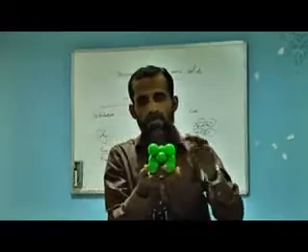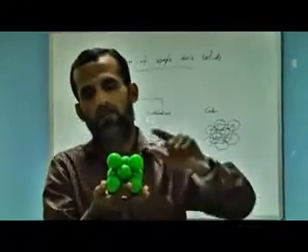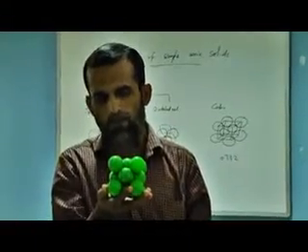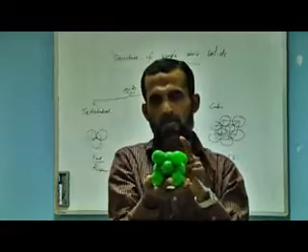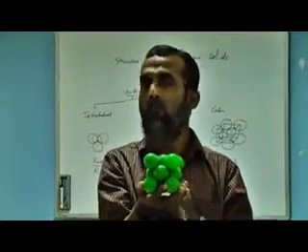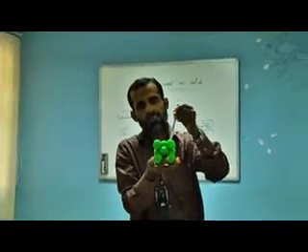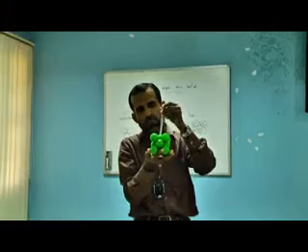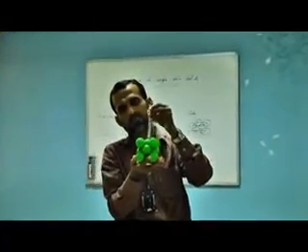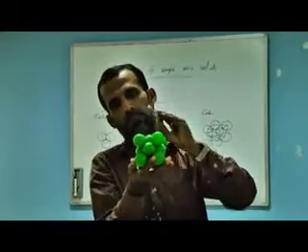So there are altogether 8 corners. So there are 8 tetrahedral voids in the unit cell of CCP or FCC. Remember, the effective number of particles for an FCC or CCP unit cell is 4 because each corner is shared among 8 unit cells, and the face-centered particle is shared between 2 unit cells, one is this and one is above this.